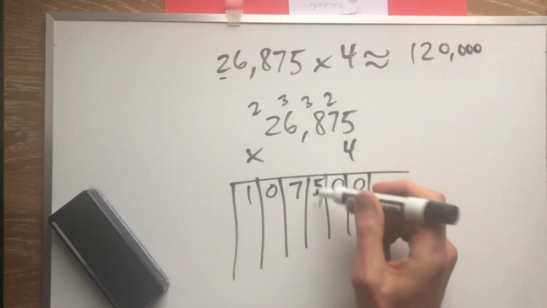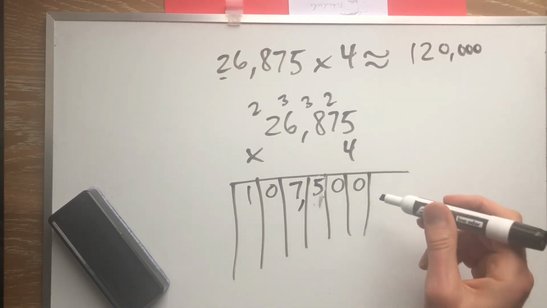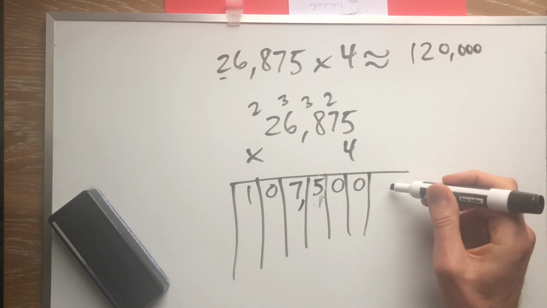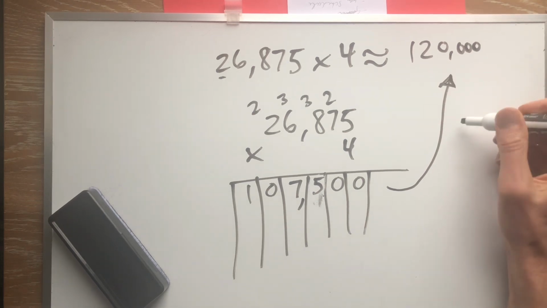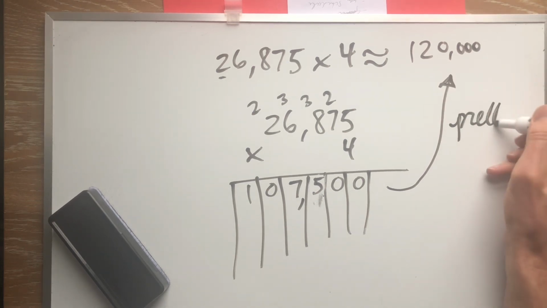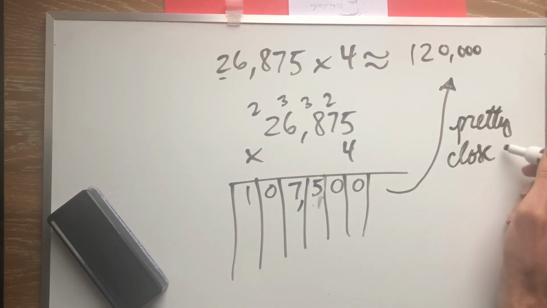So after the thousands comma, 107,500, which is pretty close. It's not really close, but it's pretty close. As long as it's pretty close, we're okay with it.